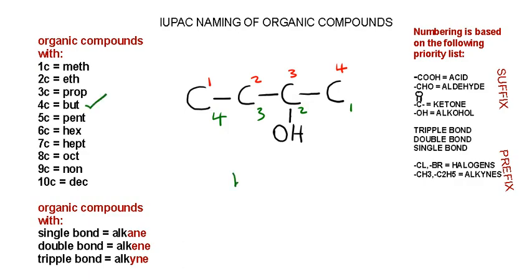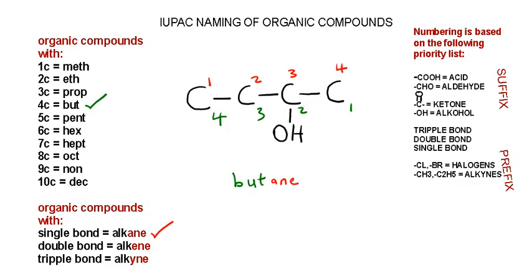So we write but. Then we'll check out for the bond. The bond there is a single bond, and single bond belongs to a group of compound called alkane. So we simply take ANE from alkane and add it here. It becomes butan.